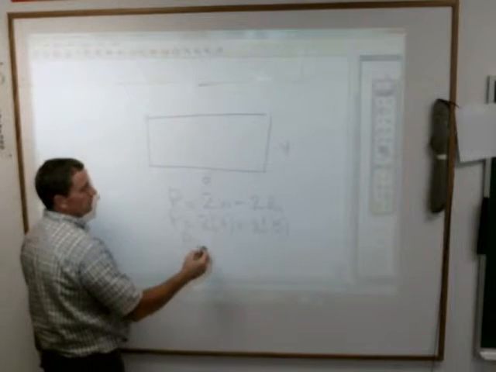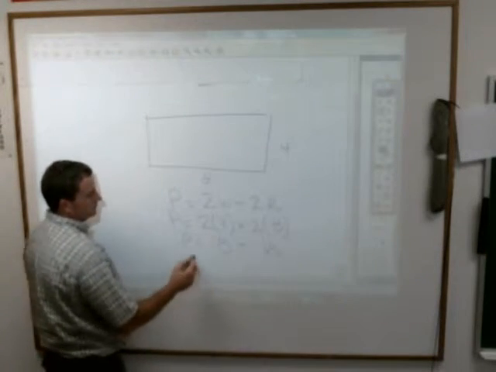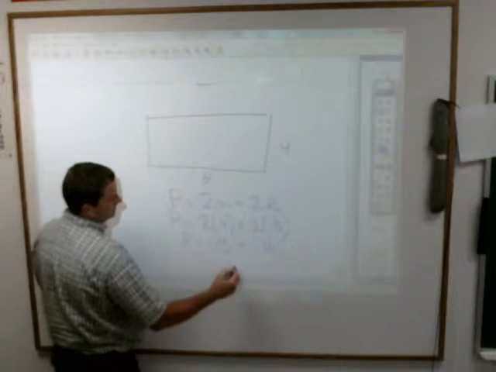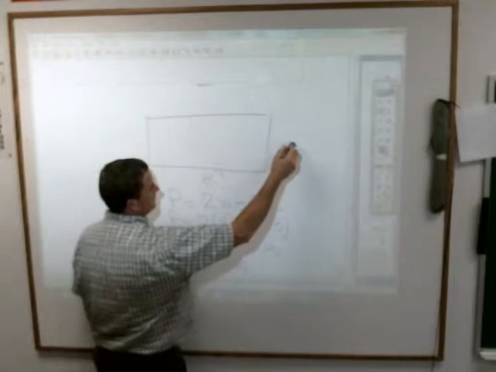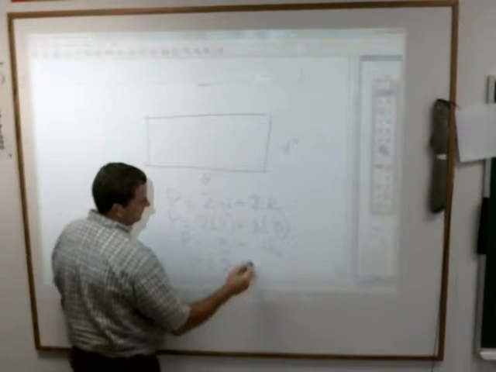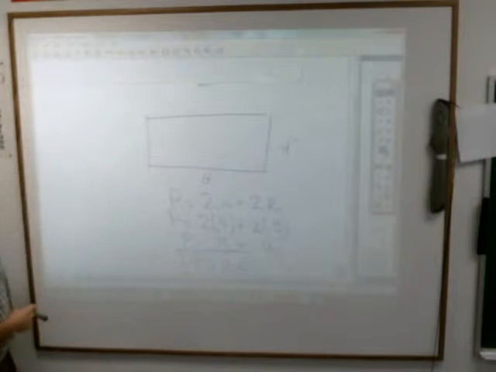What is 2 times 4? 8. What's 8 times 2? 16. And you add 8 and 16 together, 24, I hope. Let's say these are inches. So 24 inches. Stop me there if that wasn't too terribly exciting. Question on that?